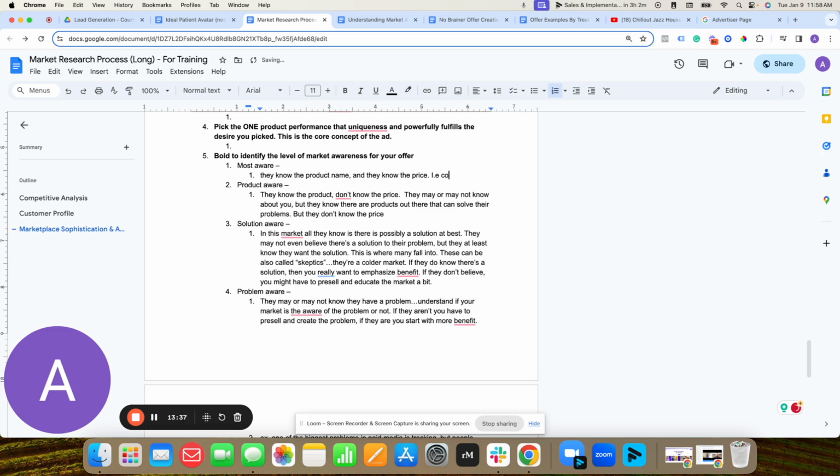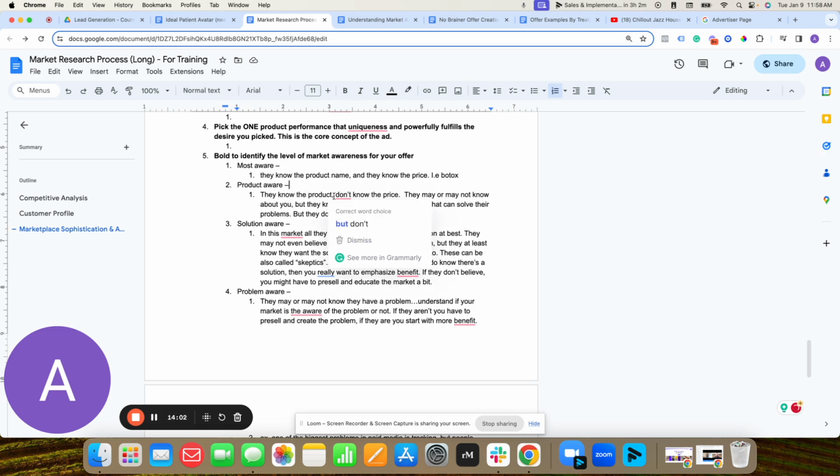For this, it would be like Botox. A large majority of Botox buyers know the product by name and they know the price. This has even started to happen a bit with GAINSWave or CoolSculpting. They know the product by name generally and they know the price, because those companies worked really hard to differentiate.